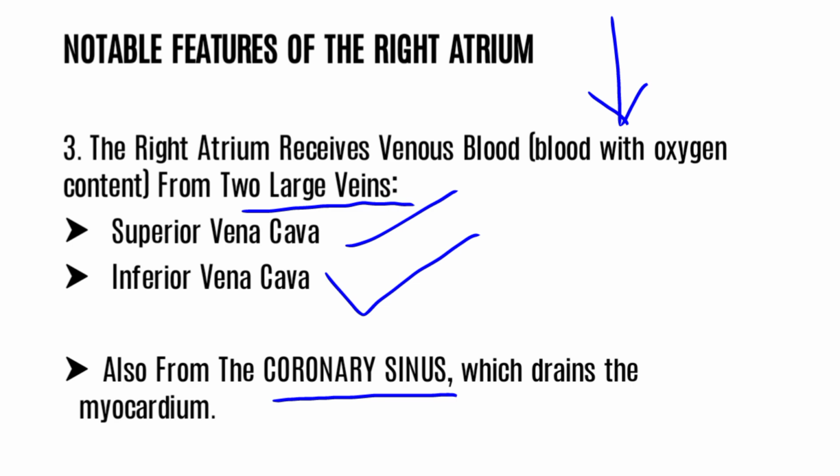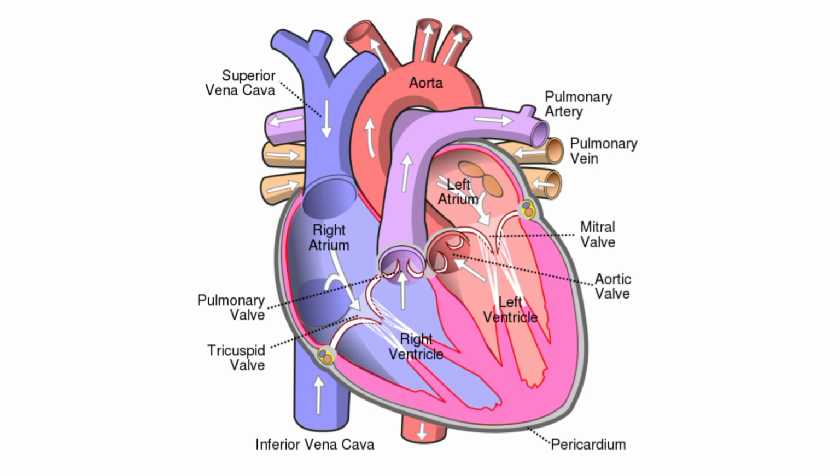Now it drains venous blood from the myocardium of the heart and supplies it to the right atrium, before the right atrium sends it to the right ventricle, to the pulmonary artery, to the lung, and the circle continues. Now, you can find them here.